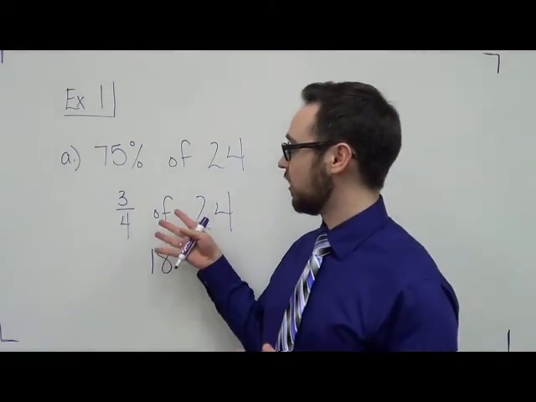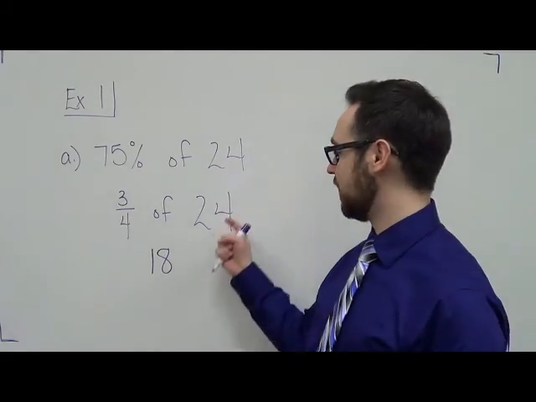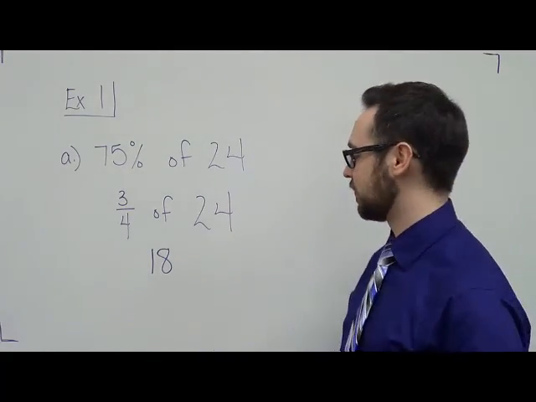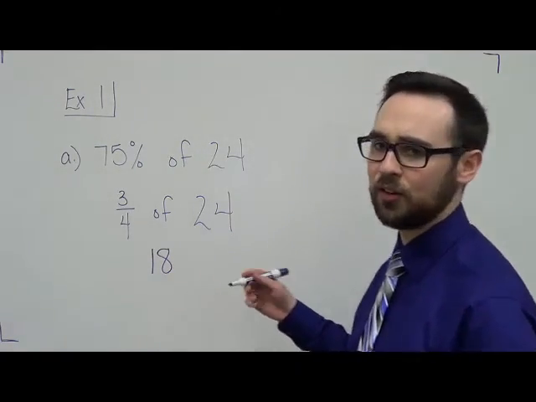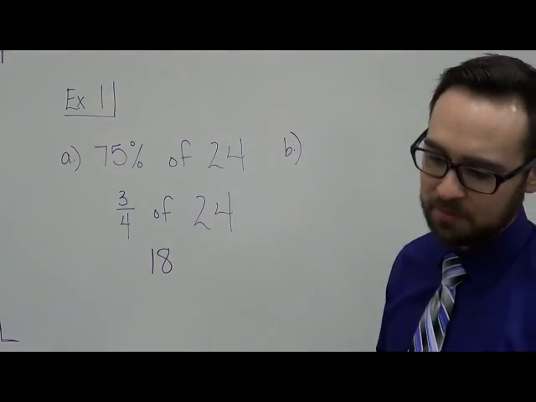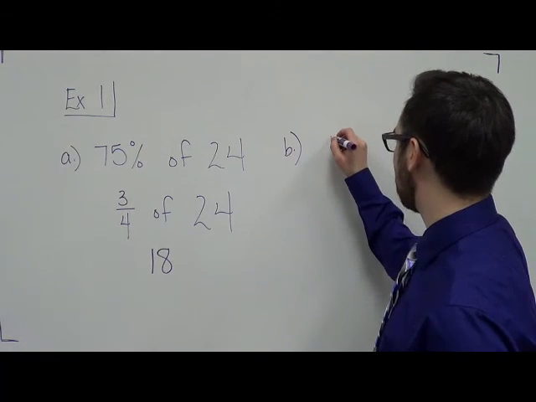And that's how we do that mentally. We're using this fraction to our benefit because it's easy to work with. And the numbers here obviously are going to be ones that are a little easier to convert using these fractions. So let's go and take a look at another one here. So part B, we're going to find 80% of 60.